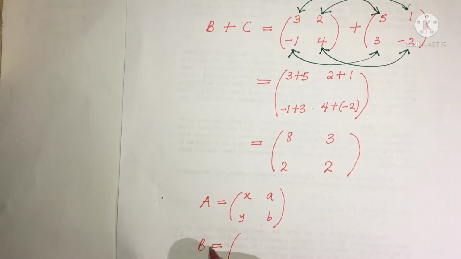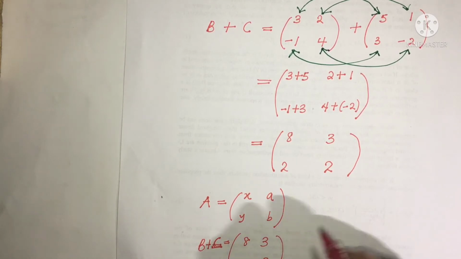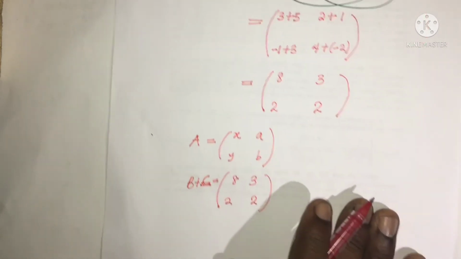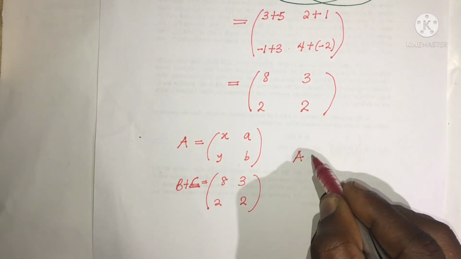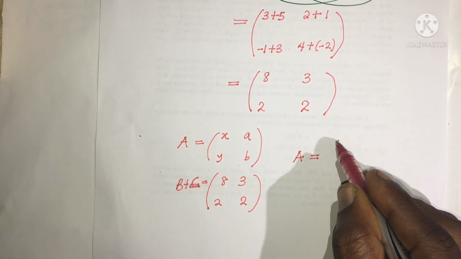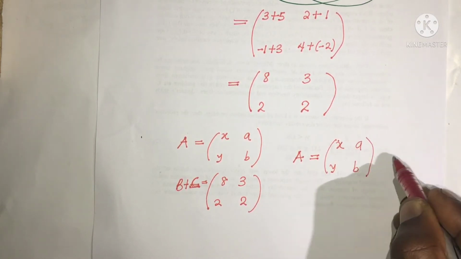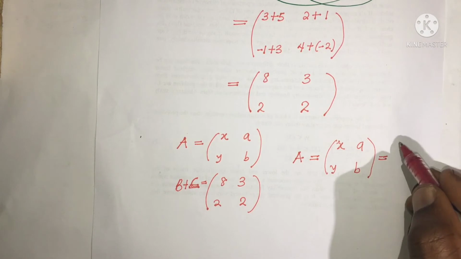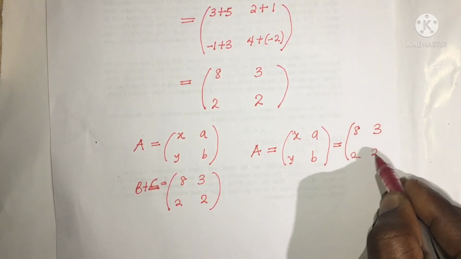the matrix B plus C as we have it, the matrix B plus C, which is now 8, 3, 2, and 2. So it means we can write here, let me write it over here. I'm going to write here A is equal to X, A, Y, B, and that will be equal to the matrix B plus C, which is 8, 3, 2, 2.